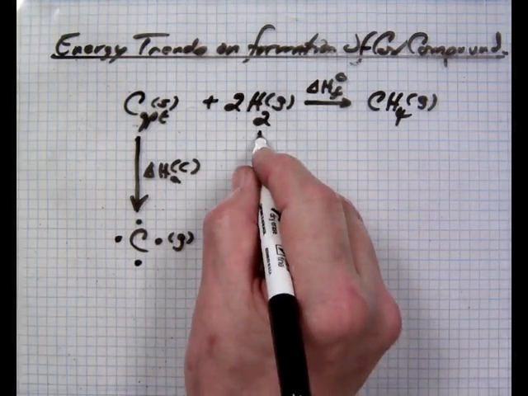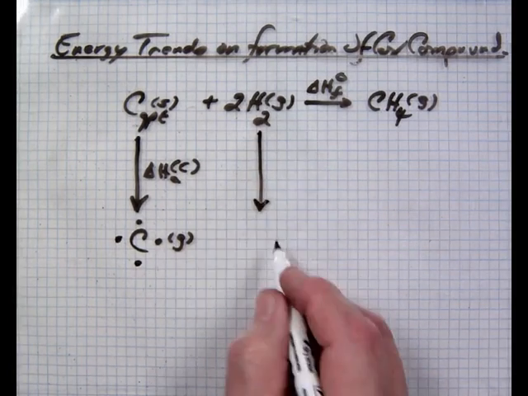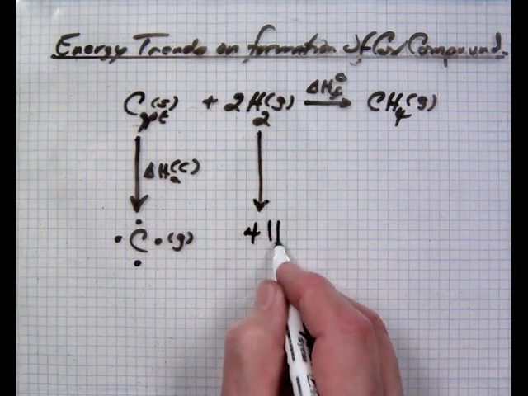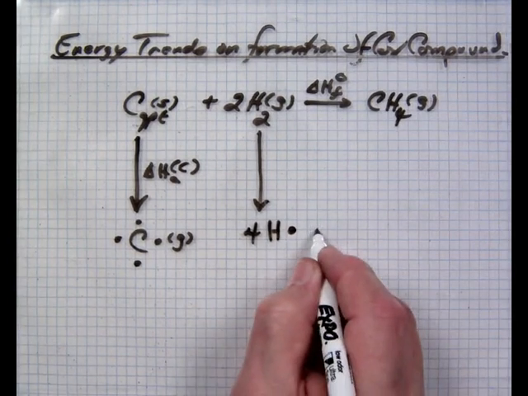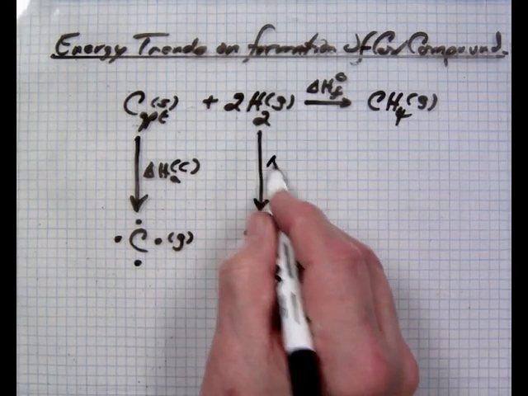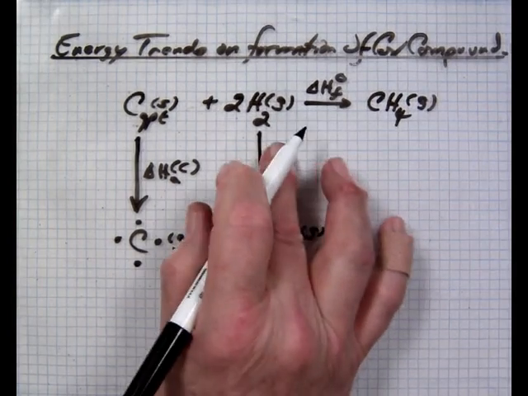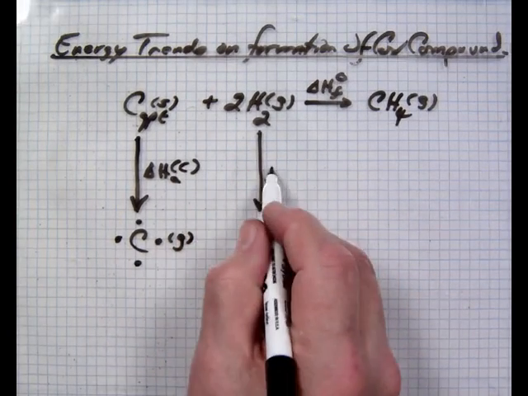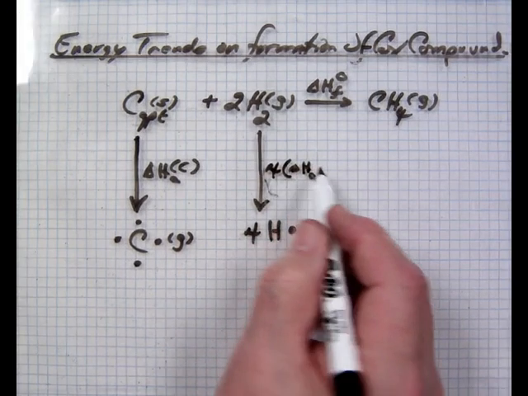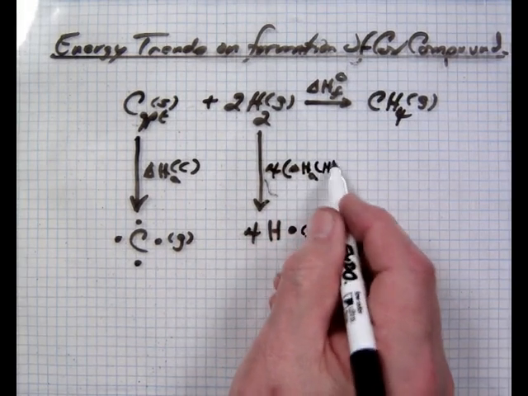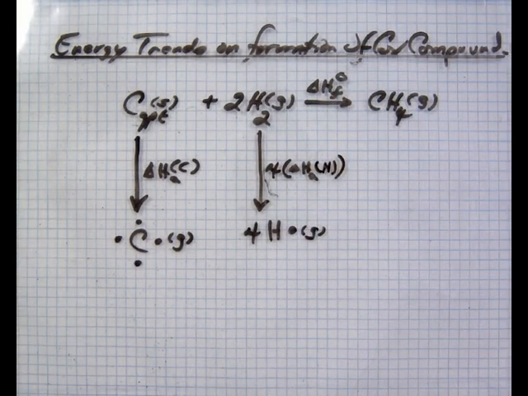Same way here, you atomize the hydrogen, you have 4 hydrogen atoms which are ready to bond. In the gas phase, this is 4 times delta H of atomization for hydrogen. And where does the 4 come from?